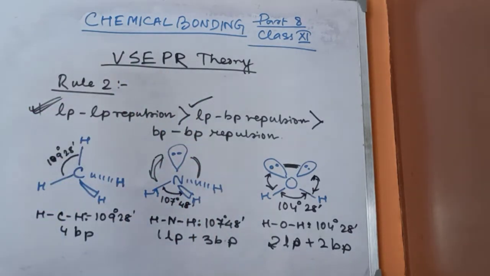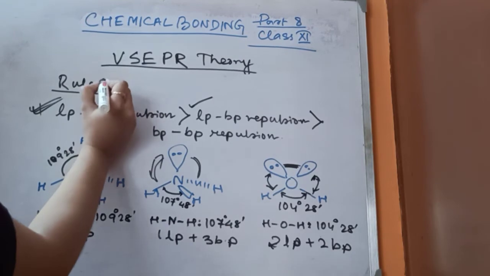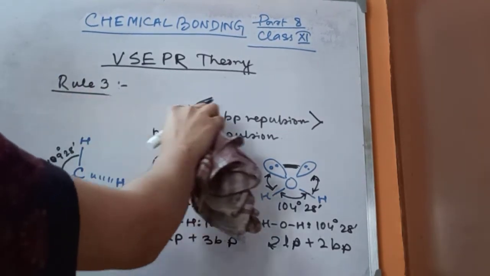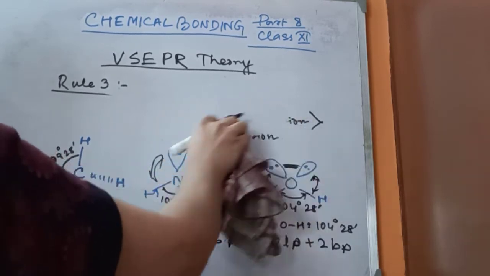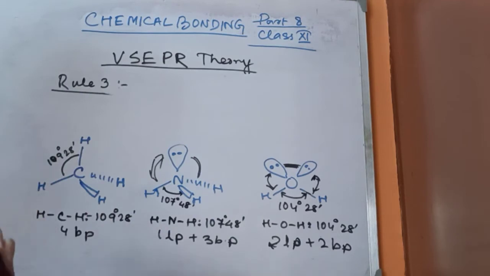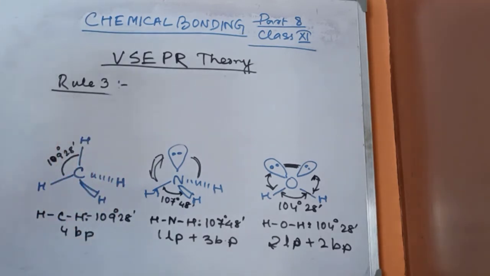Okay, now I'll come to rule 3. Rule 3 will be explained with this only. Rule 3 is regarding electronegativity.